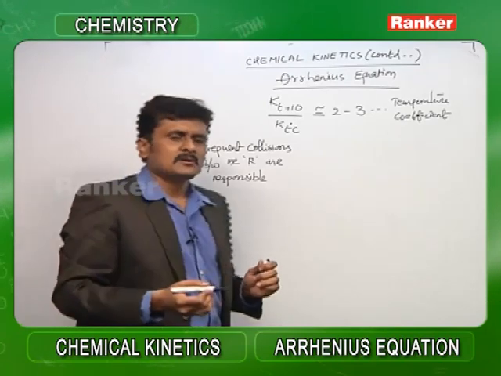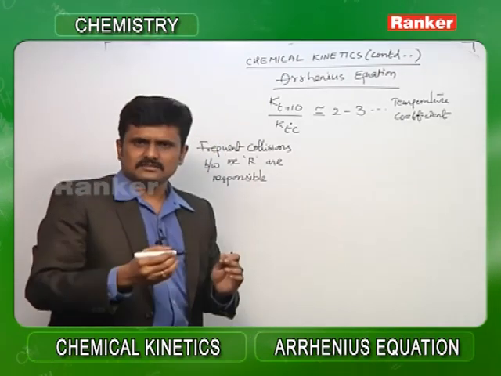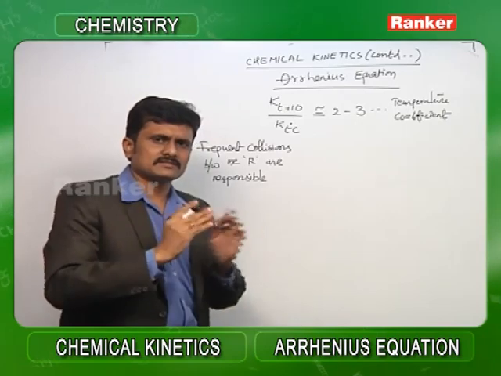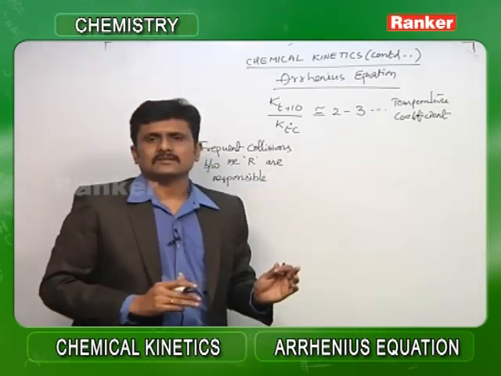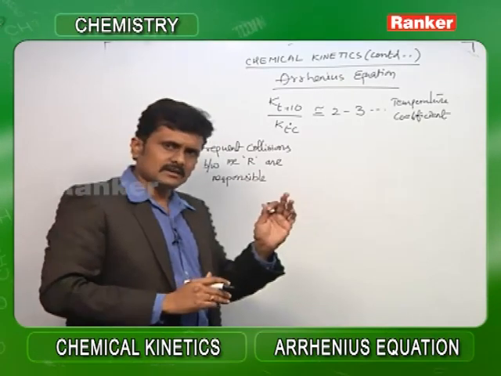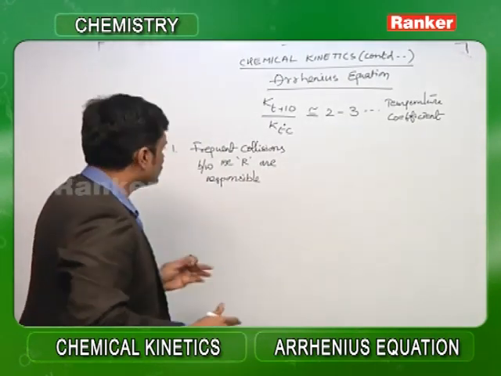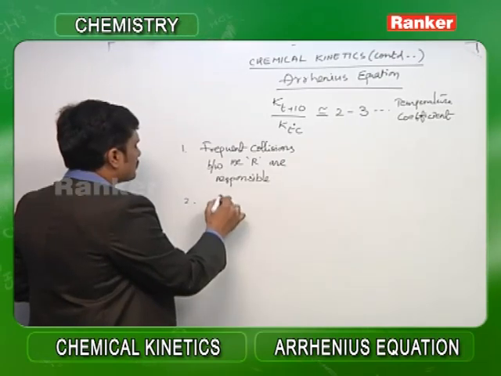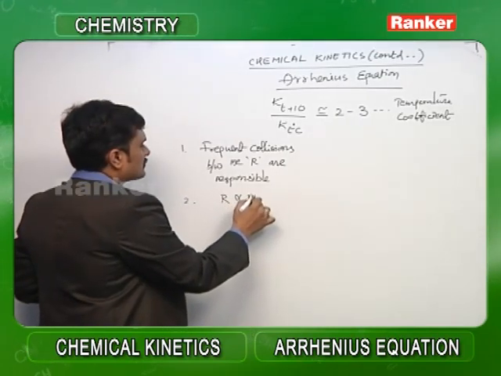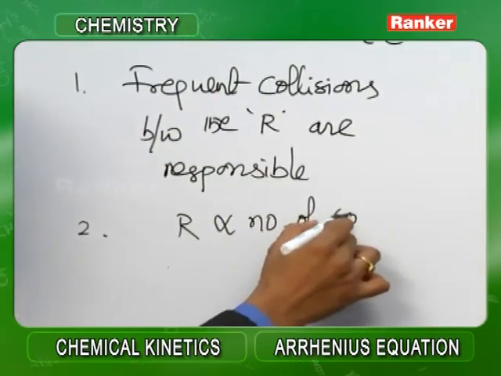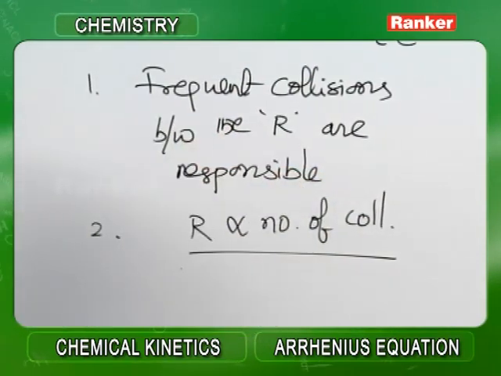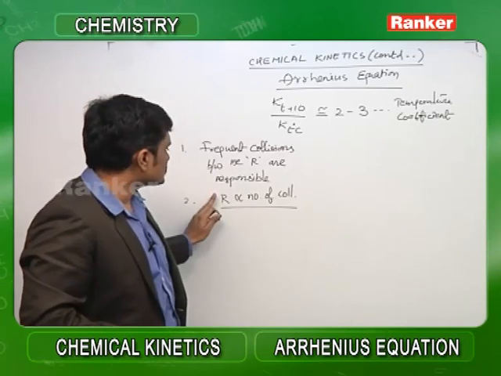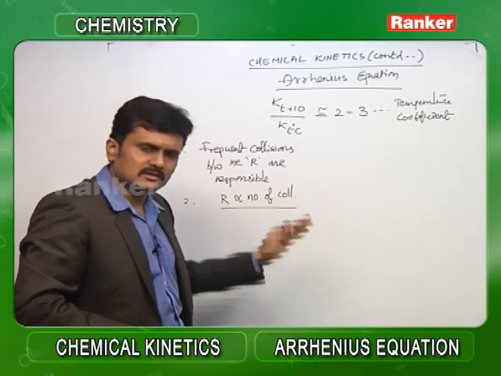What I mean to say is, when reactants are undergoing a chemical reaction, there are rapid collisions taking place because of which the reaction occurs. Initially, it was assumed that the rate of the reaction is directly proportional to the number of collisions.